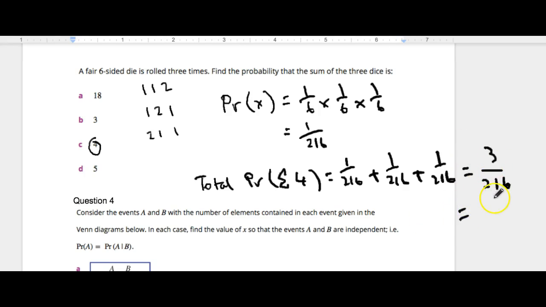Yes, 3 does go into 216. How I did that is I just went to 210. 3 goes into 210 70 times and then into 6 twice, so it's 1 over 72.